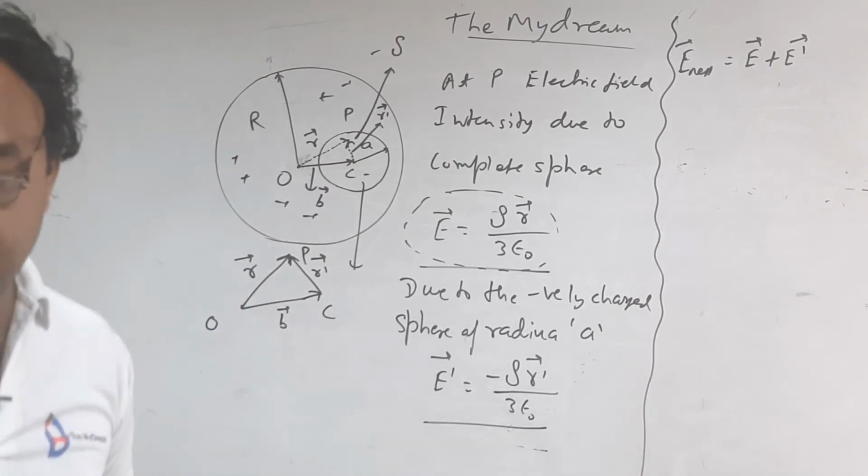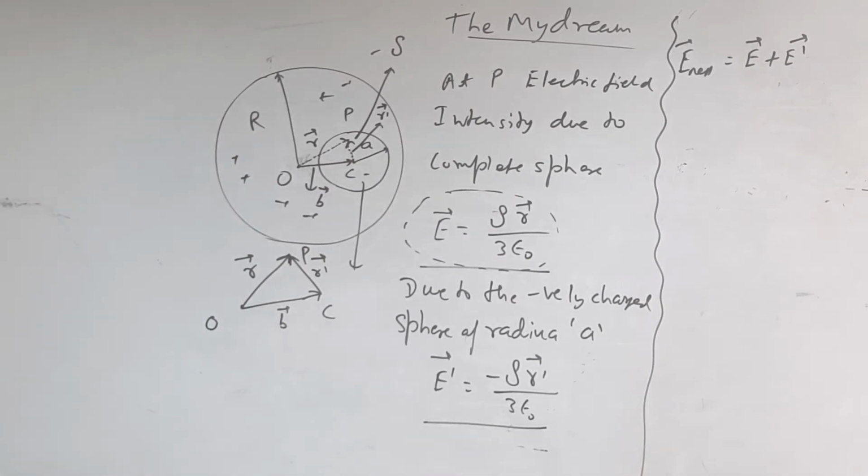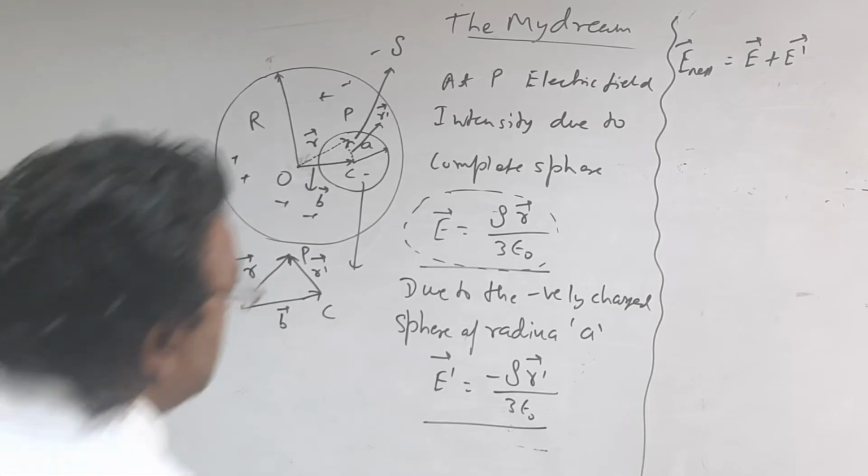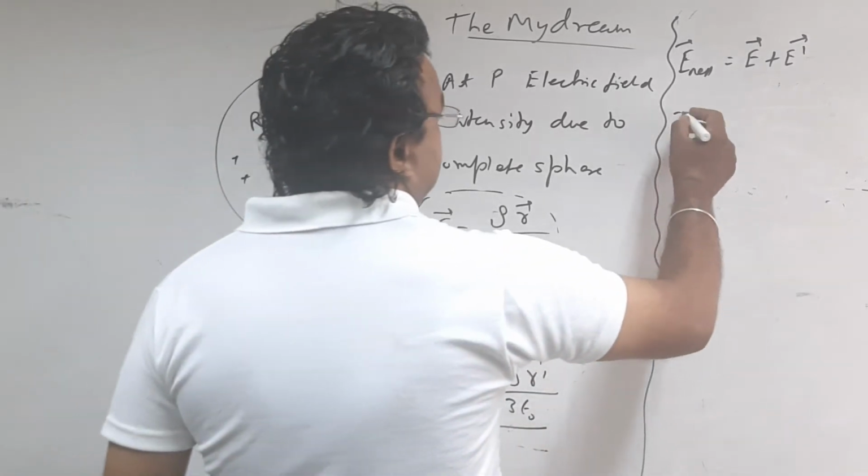The net electric field intensity at point P will be due to both of the spheres. That is what it is.